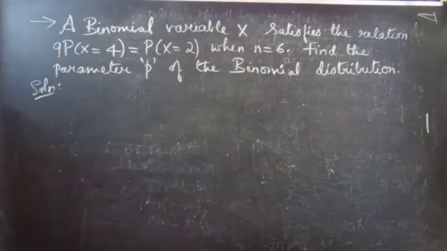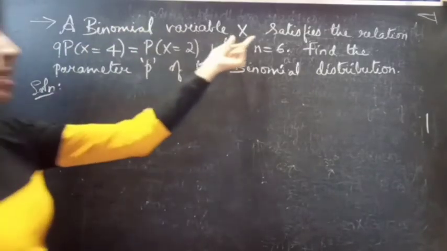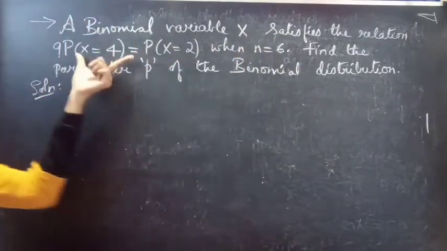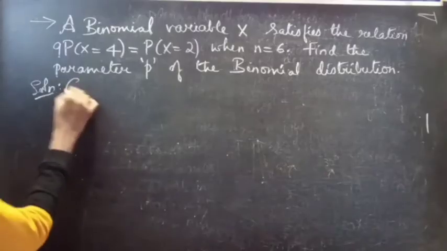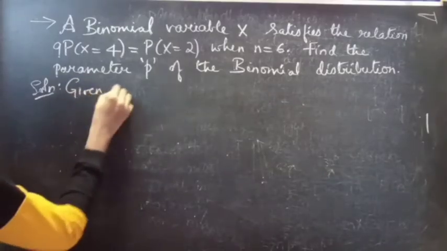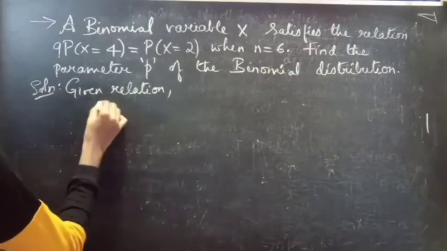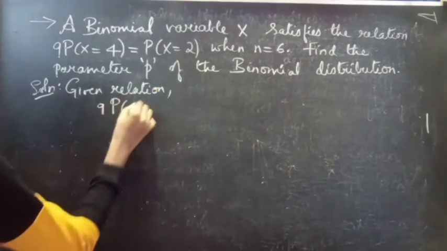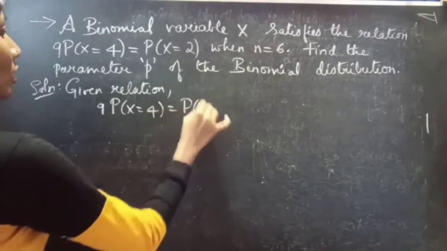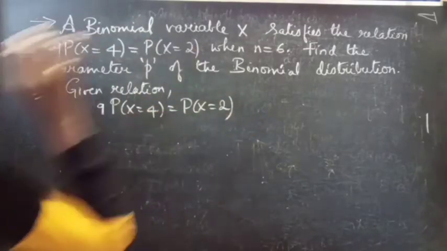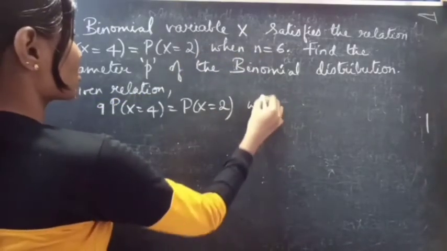Solution. So here we are given that a binomial variable X satisfies the given relation: 9 into probability of capital X equals 4 equals probability of capital X equals 2 when n equals 6.